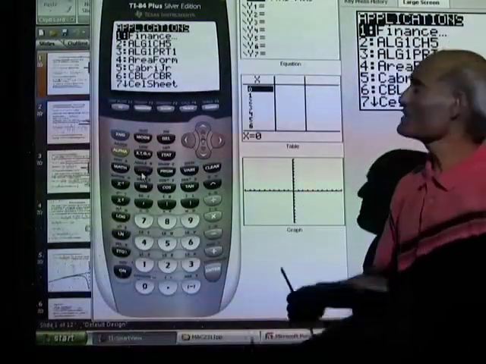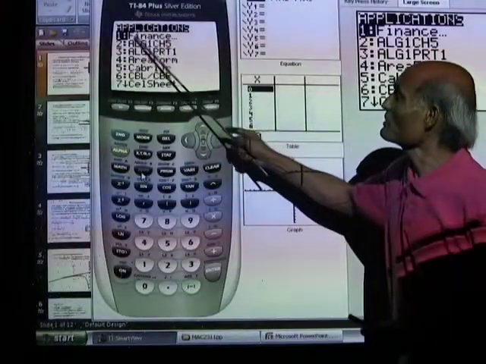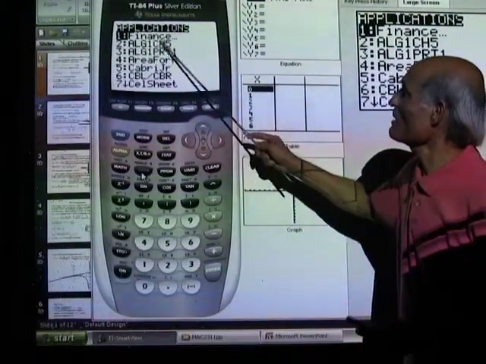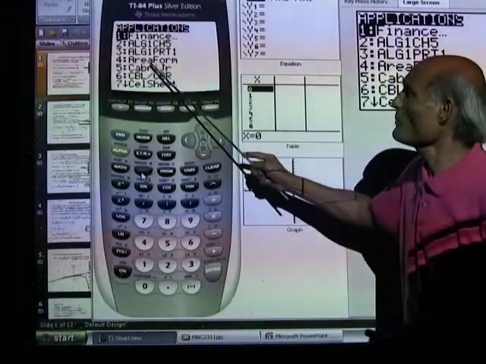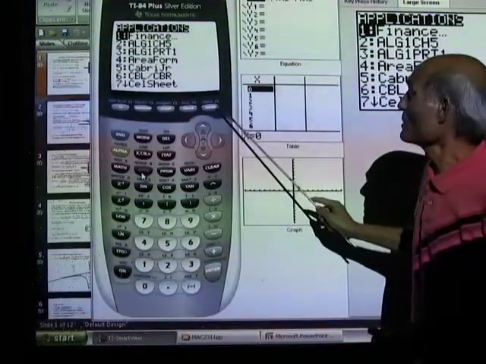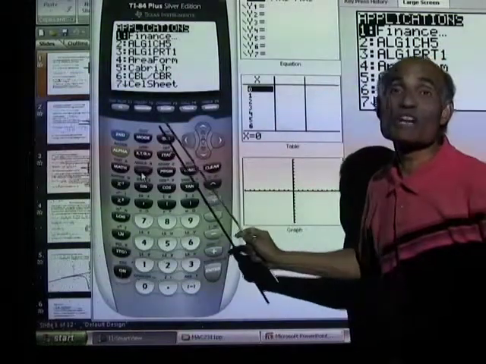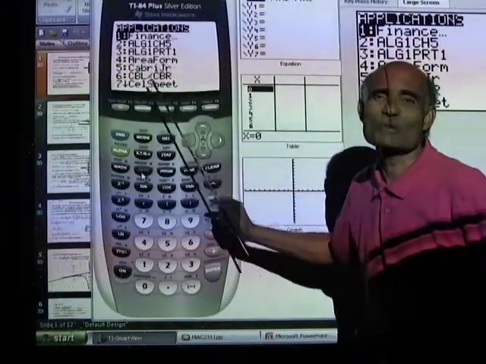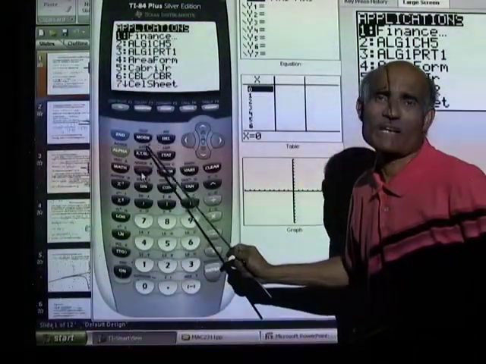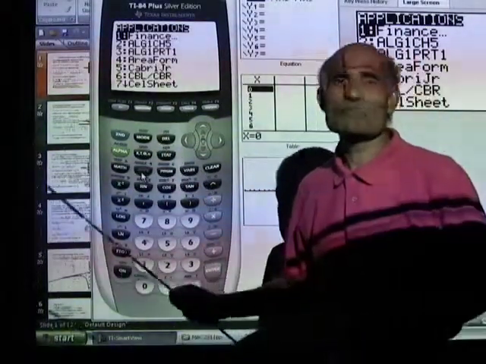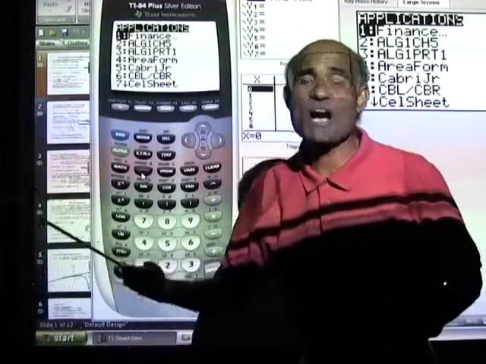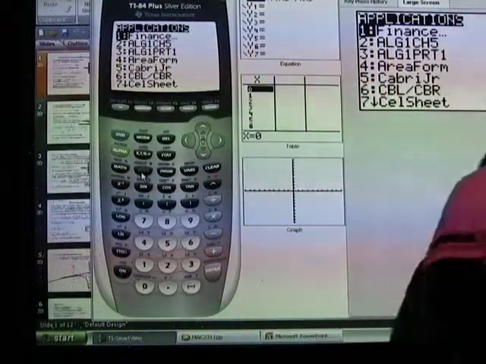Now, the Applications menu gives you this. It starts with Finance, and so on, and you need to scroll down, press the down arrow, and go all the way to the 30th item. If you can count, it goes alphabetically. Go and find something called PlySmlt. So press the down arrow.